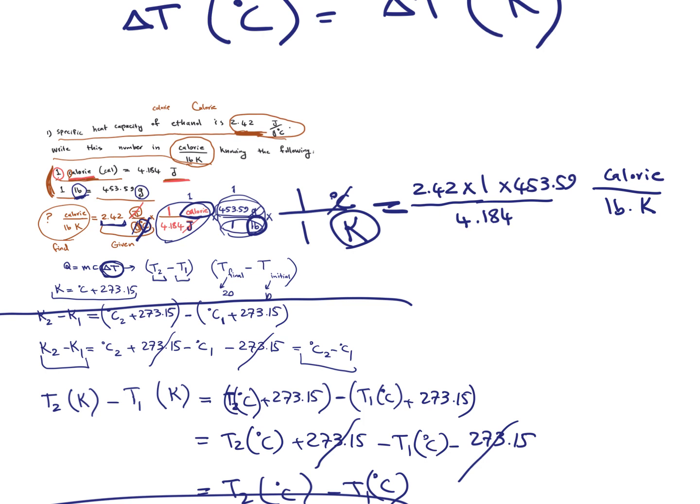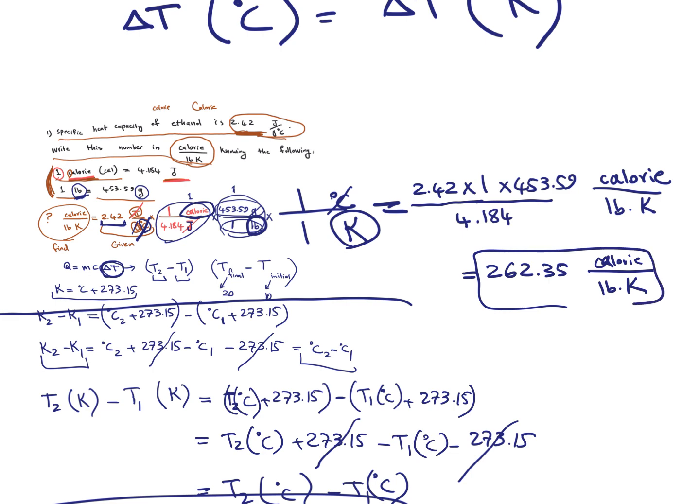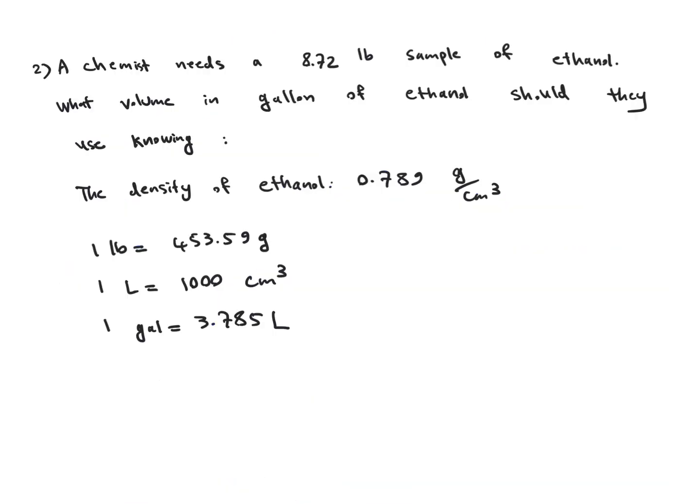Make sure to put the number in the calculator correctly. 262.35 calorie, and this is lowercase calorie. Don't mind my handwriting. Okay, so this is how we solve this question, and feel free to email me if you have any questions.